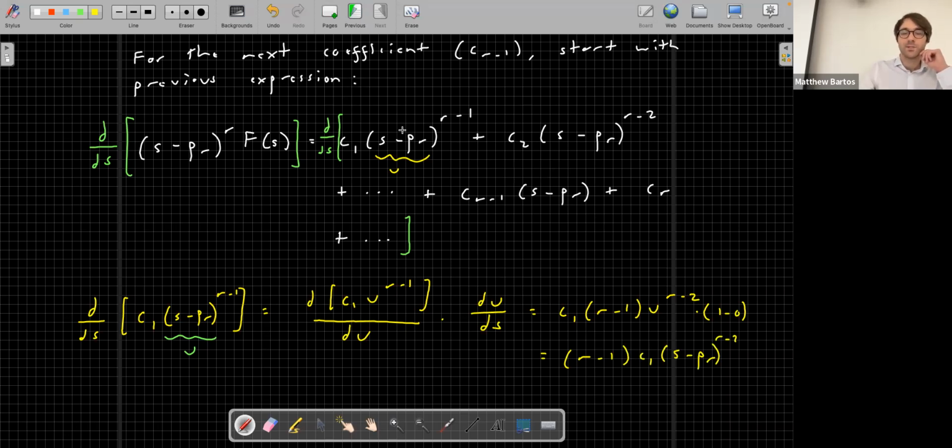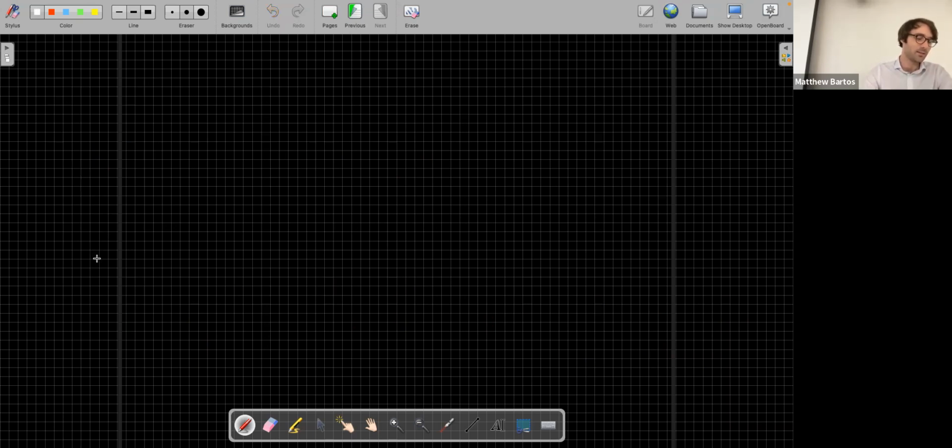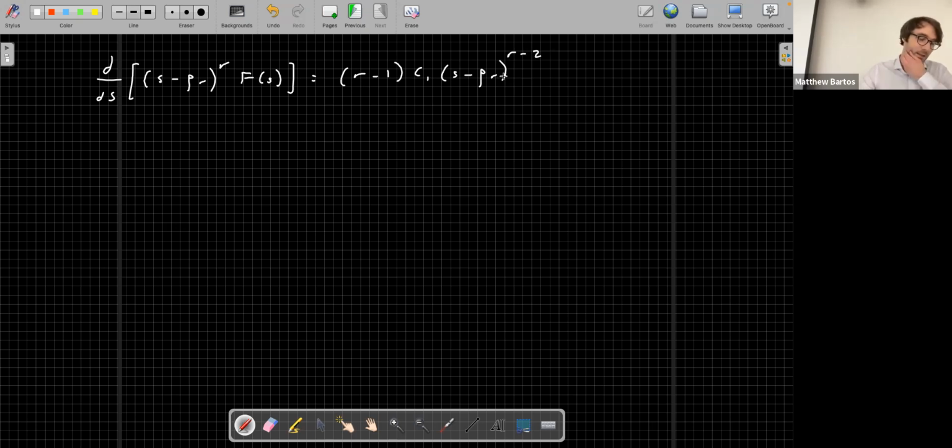Okay, so if we differentiate both sides, what will happen is that we will end up with d/ds of (s minus p_r)^r times F(s) is equal to, as we showed before, (r minus 1) C1 times (s minus p_r)^(r minus 2) plus (r minus 2) C2 (s minus p_r)^(r minus 3), and so on, all the way till we get to C_(r minus 1).